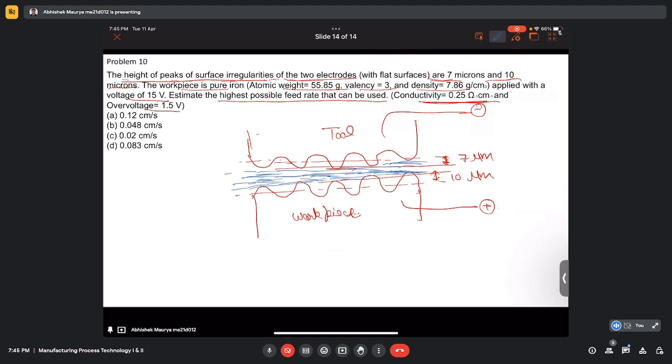That will be the condition when this gap becomes close to zero. Just when the contact is avoided, the gap between these mean lines becomes the sum of these two, which is about 17 micrometer.